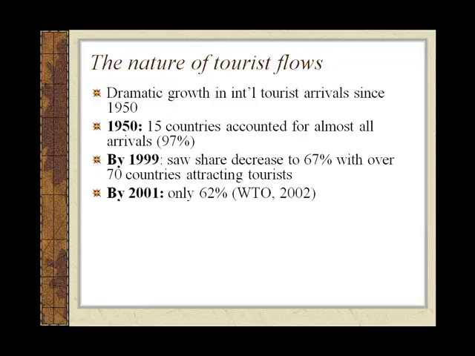And by 2001, 62% of arrivals were to these countries. So again, there's a massive increase in destinations. And the World Tourism Organization estimates that by 2020, Europe will only attract 46% of international tourist arrivals.